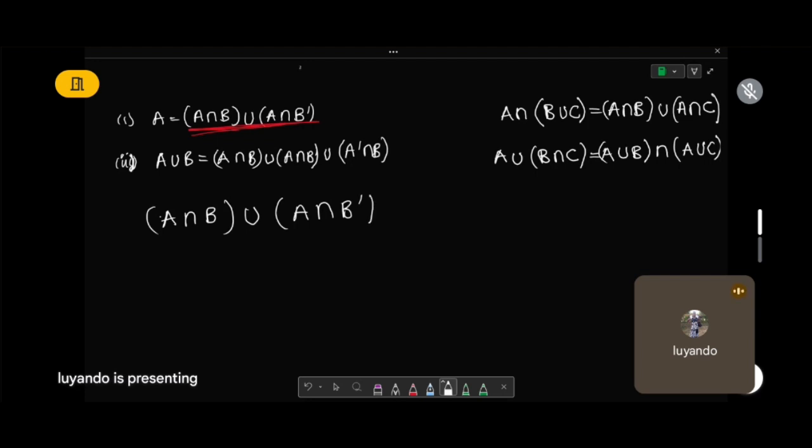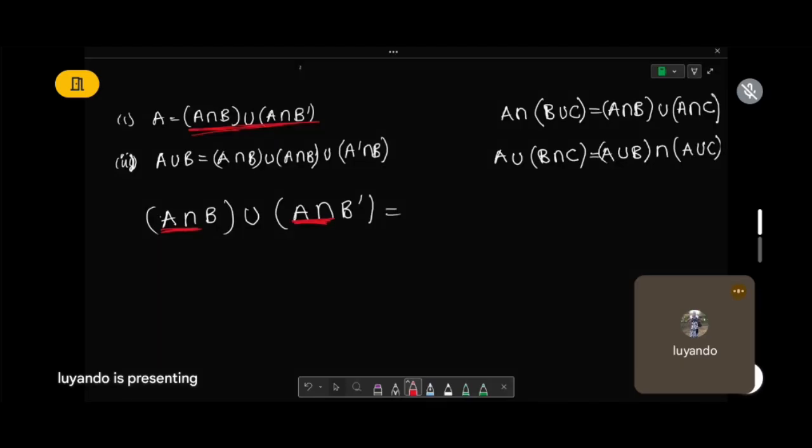When you look at this, firstly what you need to identify is what is common. You find that A and intersection is common on both sides.